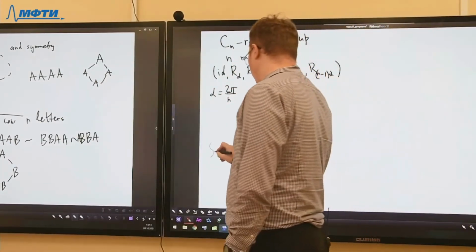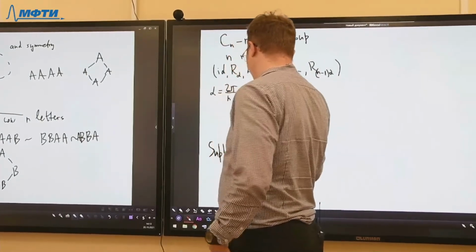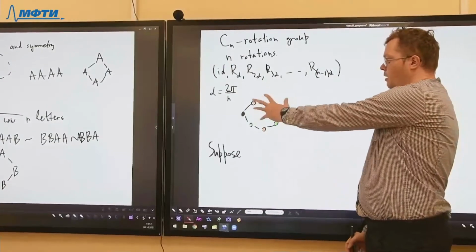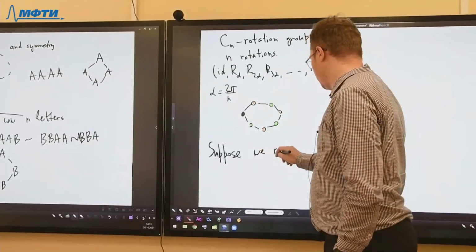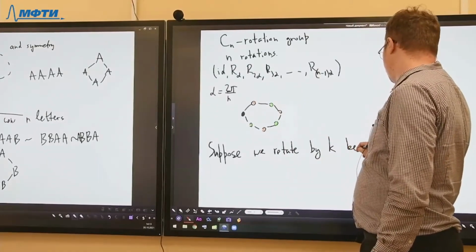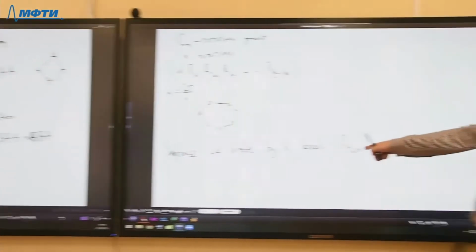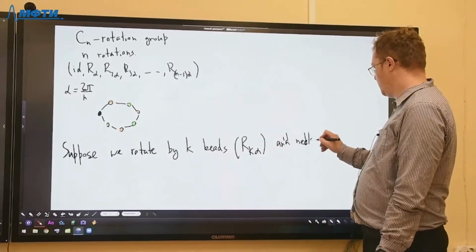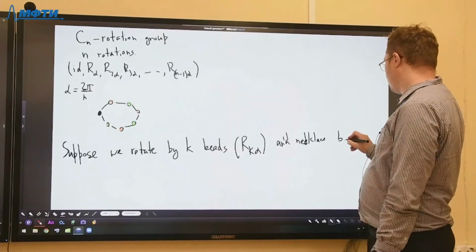So suppose we rotate just by a number of bits. We can rotate by 1, by 2, by 3, and so on. Suppose we rotate by k bits, that is, by angle k alpha, and the necklace becomes the same. Suppose k is the minimal number of rotations such that this necklace becomes the same.